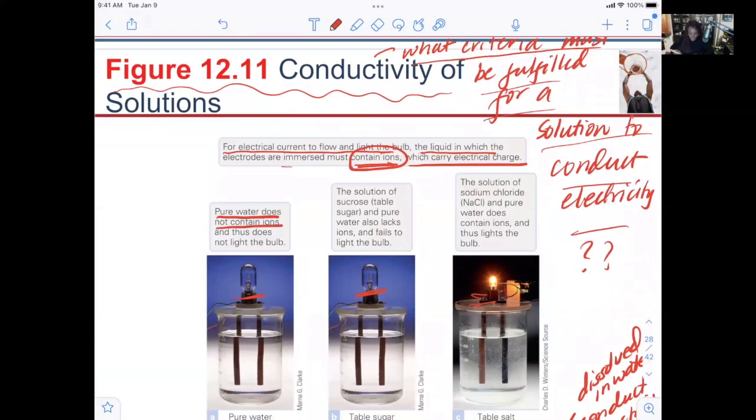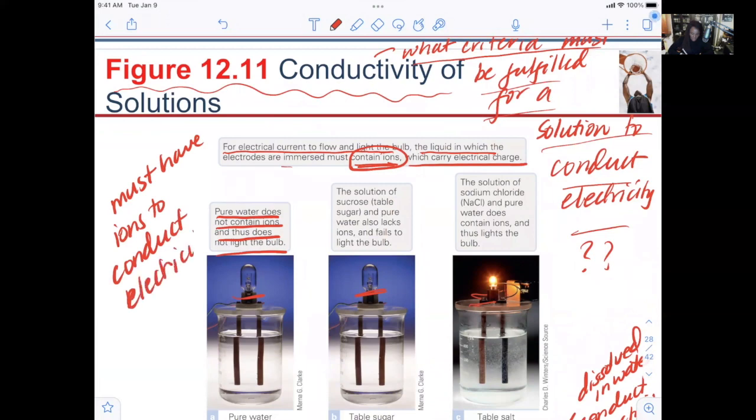That's a requirement, right? And thus does not light the bulb. Must have ions to conduct electricity. This is the requirement. And apparently pure water does not meet that requirement.